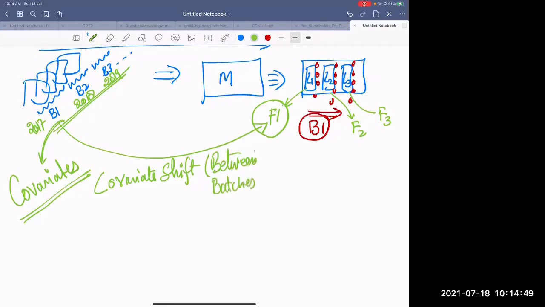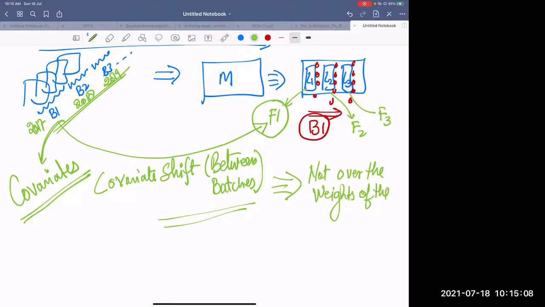So understand that batch normalization is not applied over the weights of the layer. We don't touch the weights of the layers which are there.